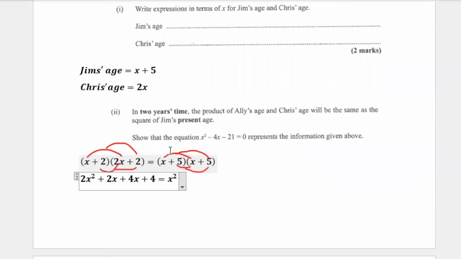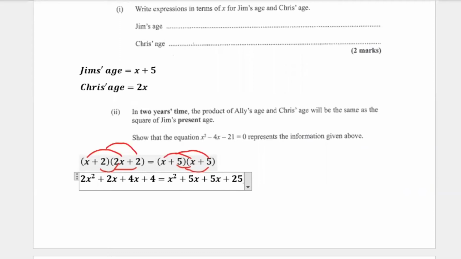And then x times 5, that will give me 5x, plus now on to 5 times x, that will give me 5x, and 5 times 5, that will give me 25. All right, so Selena says x squared plus, all right, so very good.